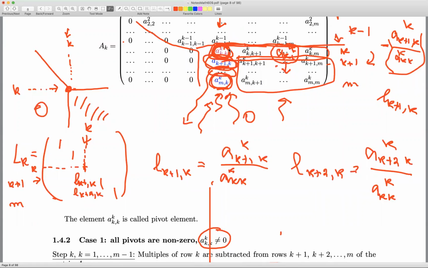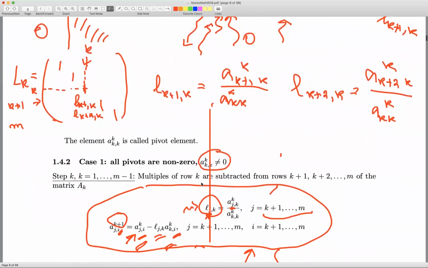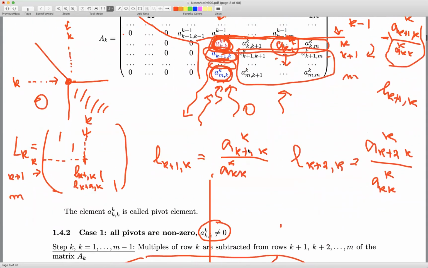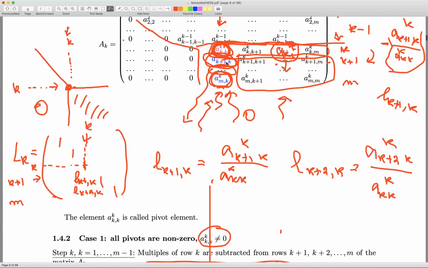If every time after we perform a step, the pivot element is different from 0, we can compute the numbers LKJ through this formula. LKJ is equal to AJK divided by the corresponding pivot element AKK, which, if you would like to visualize, it is the element that sits on this position, the ratio of the corresponding blue element and the corresponding red element.